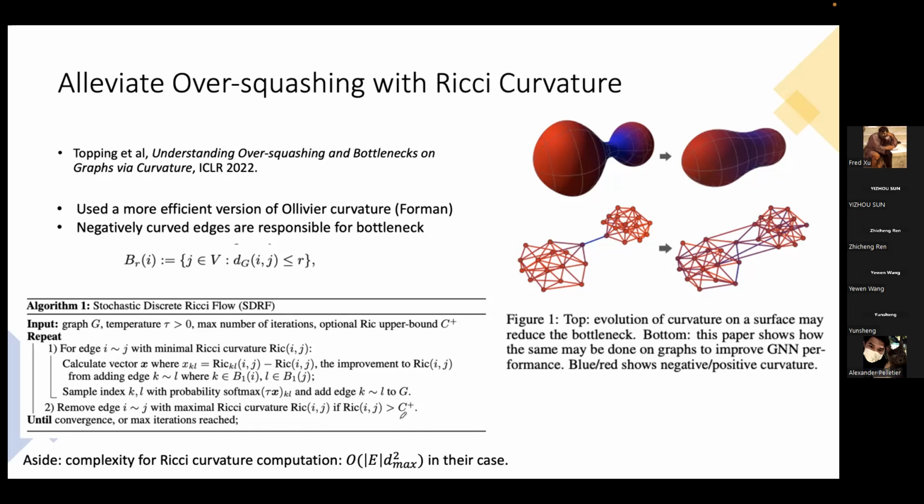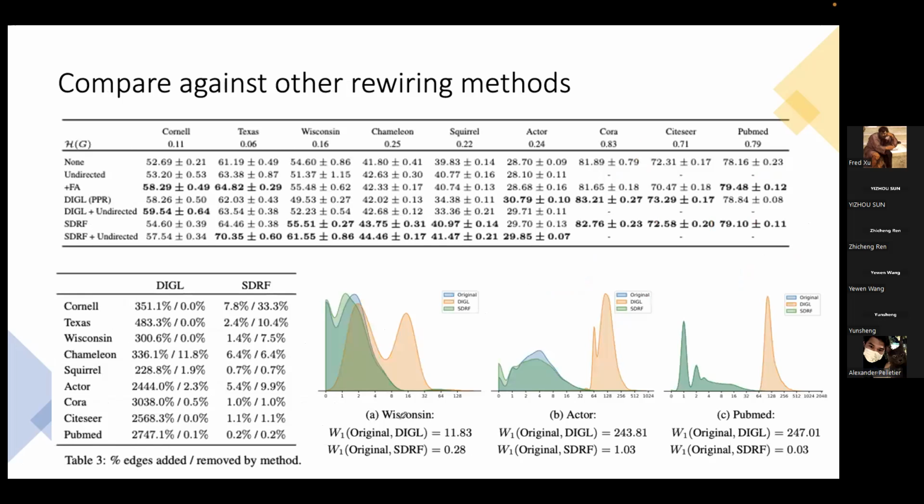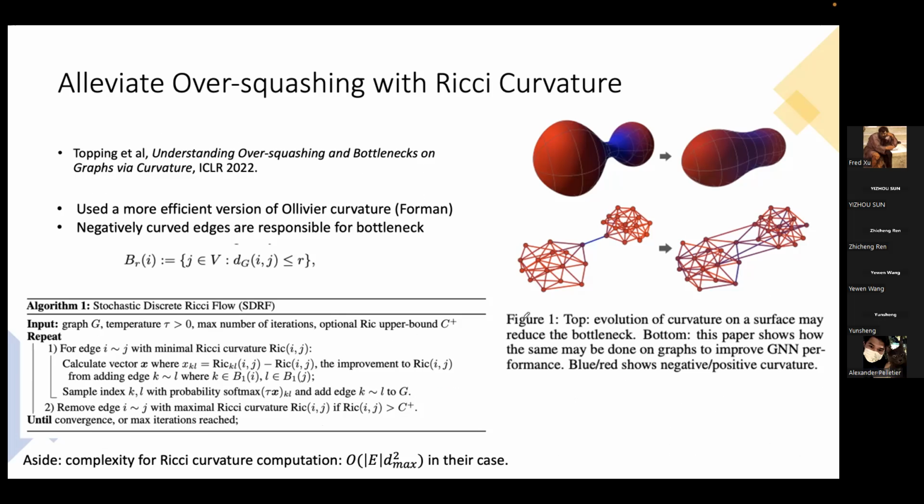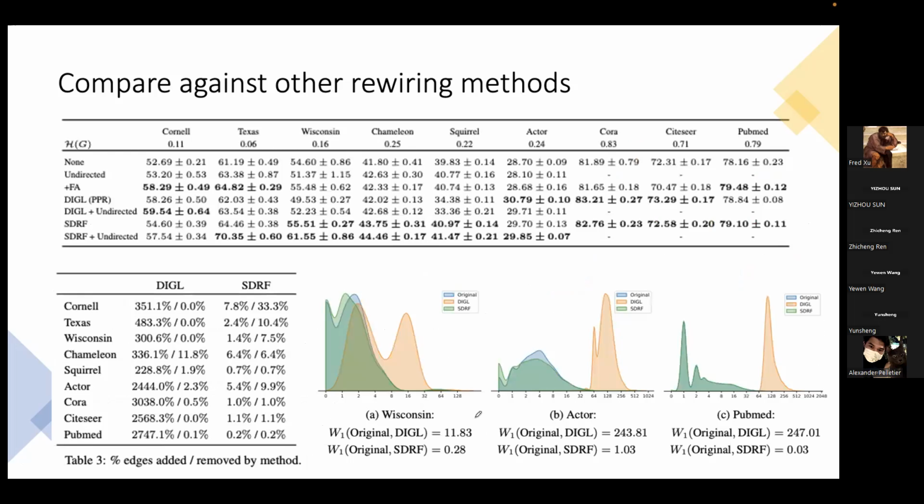So that's their main algorithm, and it's actually pretty simple. It's all a pre-processing step for the graph. They didn't actually do any modification to the GNN. Then they provided some results. This one here is plus FA.